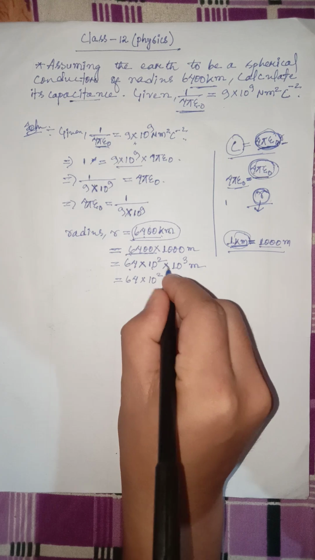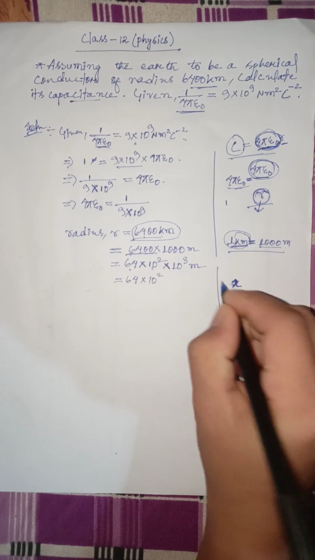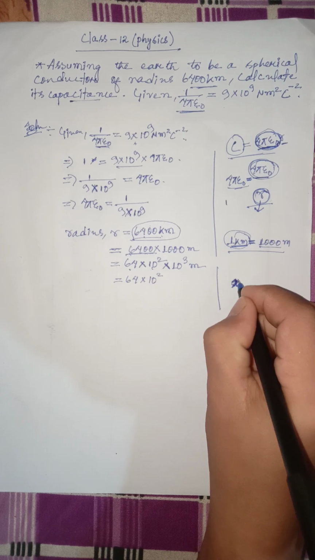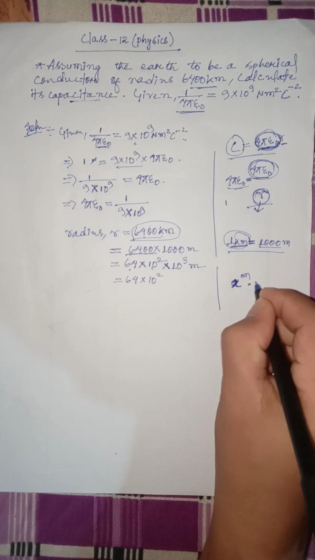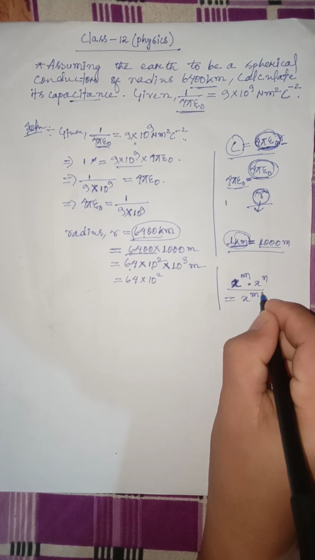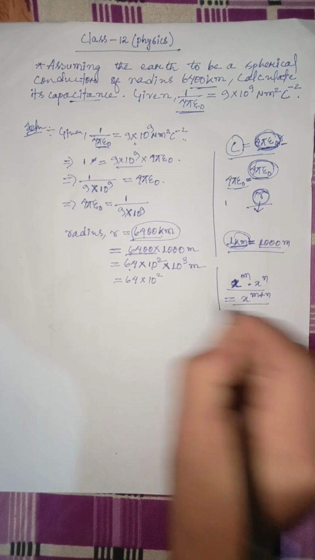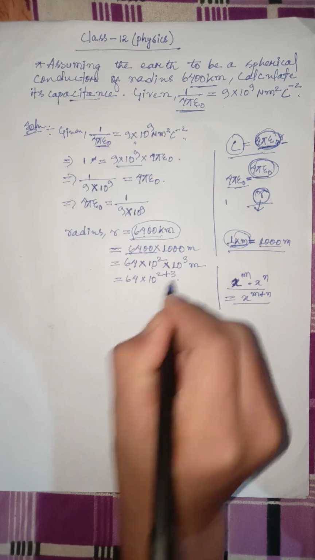Now if it is multiplied, actually we dealt with this in lower classes, in class 9. It is in the form of x power m into x power n. So what is the formula for this? It is x power m plus n, right? Same as this, by using this we have to take that, right?